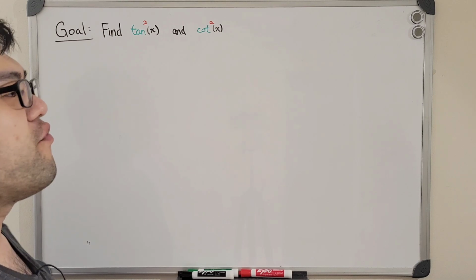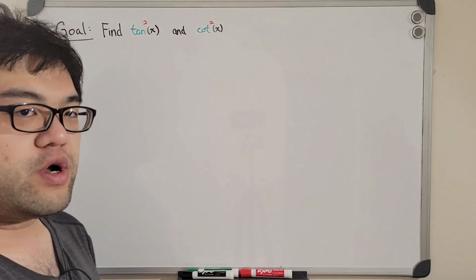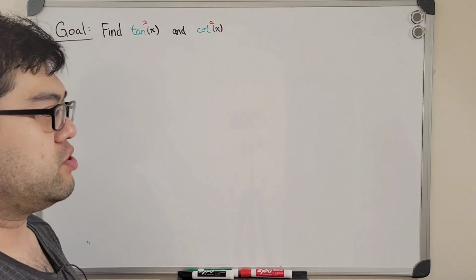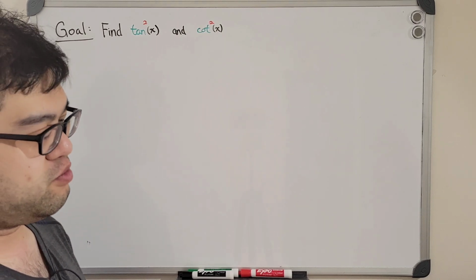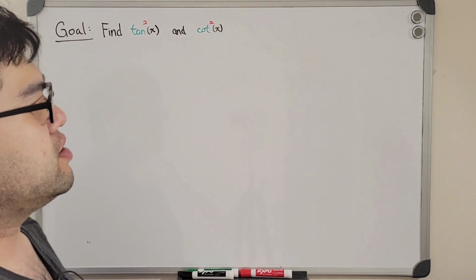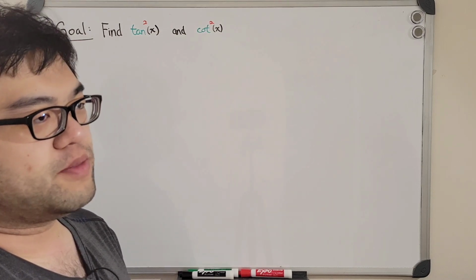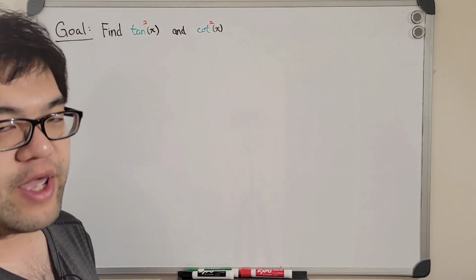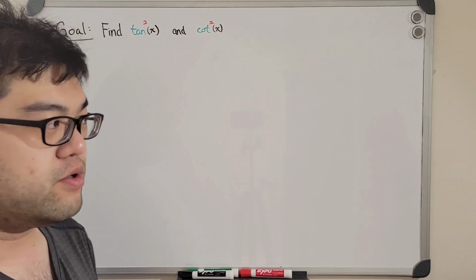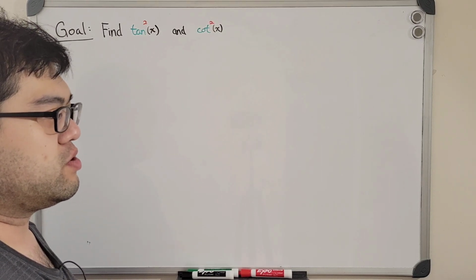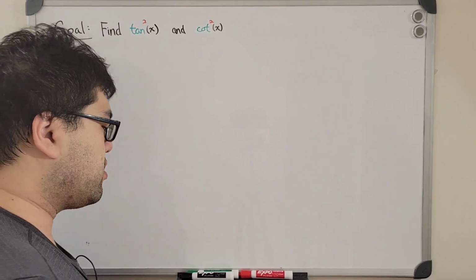Also, we try to convert from the square of a trig function into a linear trig function, such as sine² in terms of sine or cosine of some angle, as well as cosine² in terms of sine or cosine of some angle.